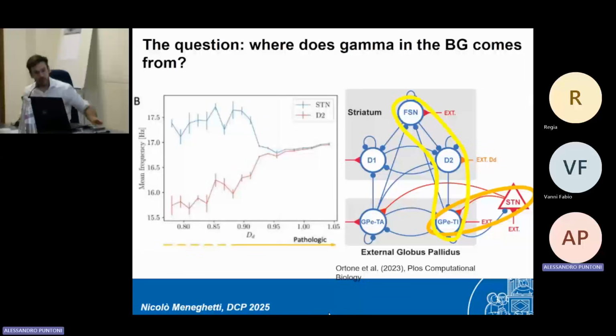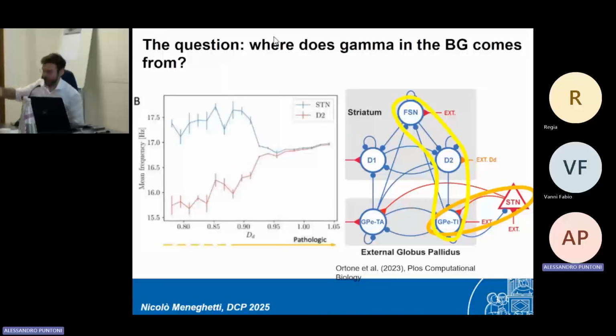But when you increase dopamine depletion, that is, you switch from healthy to Parkinsonian, you can see that along the way the computational model becomes pathologic: the two lock in, bring their energy together, and match each other at a common beta frequency. This is supposedly the mechanism behind the beta hypersynchronicity.